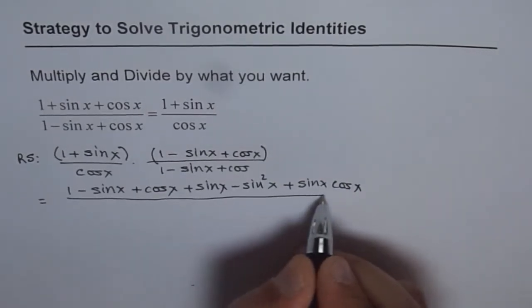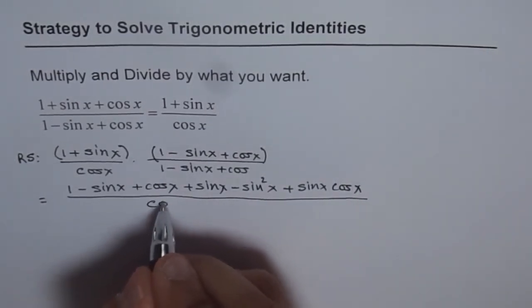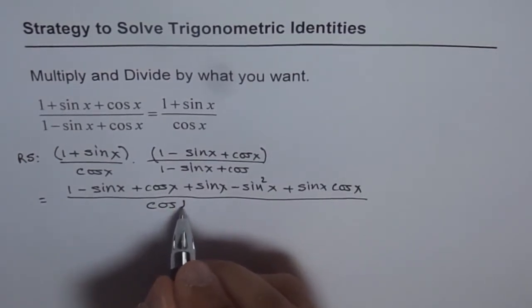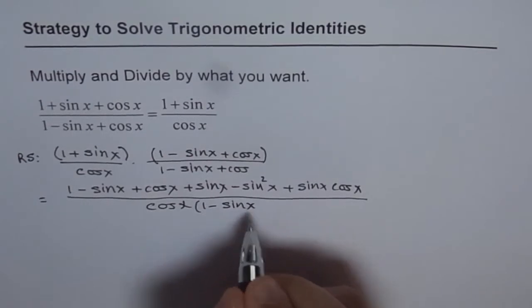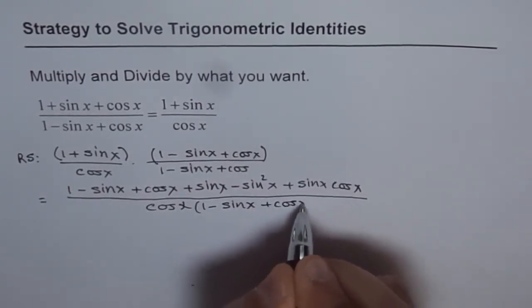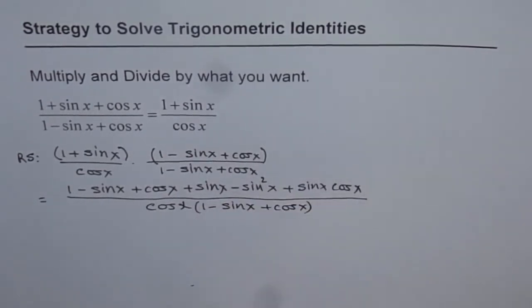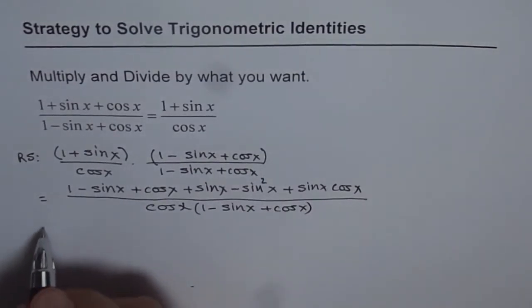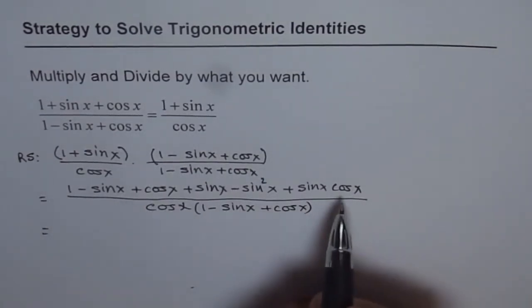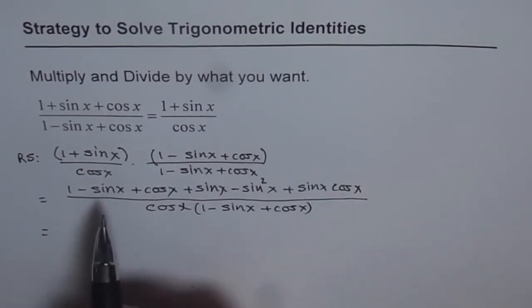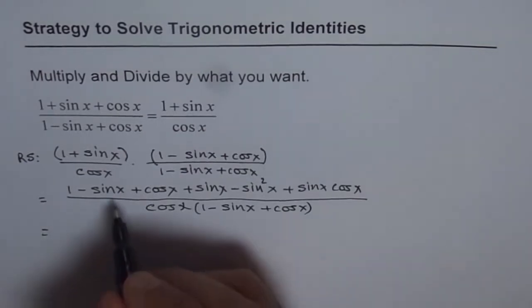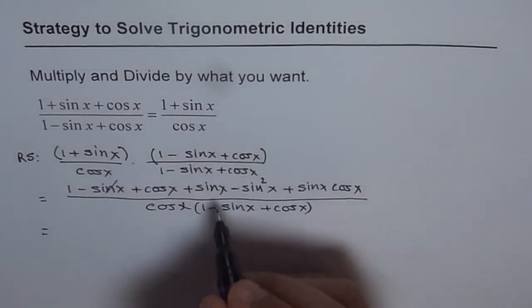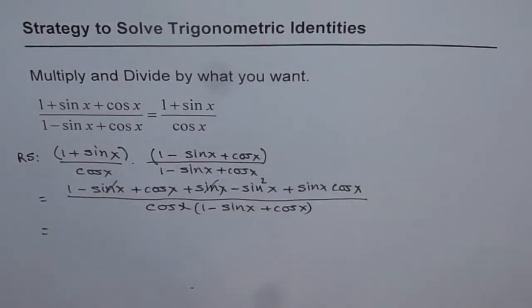And remember, don't expand the denominator. You need the term which you multiplied with. So the denominator stays 1 minus sine x plus cos x. Now simplify the numerator. Can you combine a few terms? We have minus sine x and plus sine x, which cancel.